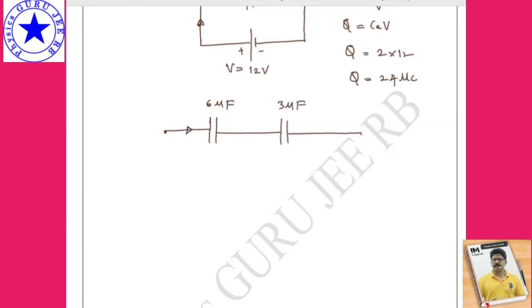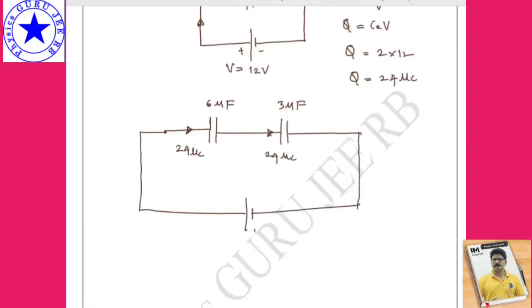Here charge entering is 24 microcoulombs. Here also 24 microcoulombs. Of course this is connected to a 12 volts battery. So V is equal to 12 volts. Hope it is clear.